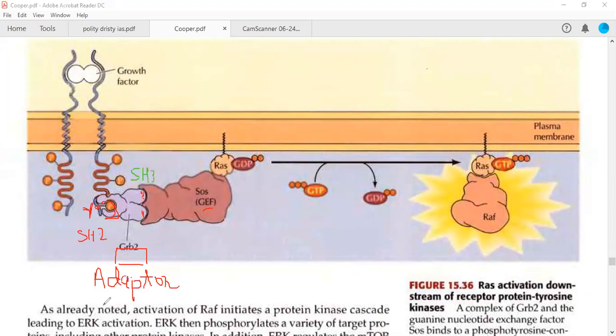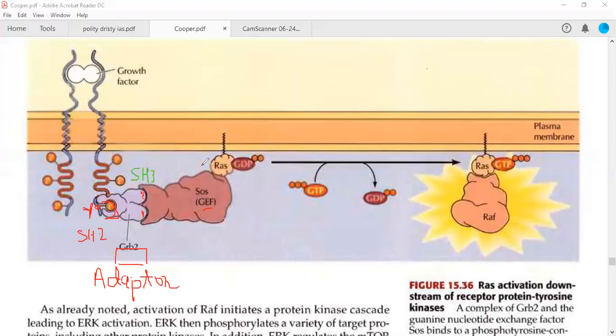Okay, so the GRB2 protein will act like an adapter because it has two SH3 domains and one SH2 domain. This SH2 domain will interact with phosphotyrosine, whereas these SH3 domains will interact with another protein called guanine nucleotide exchange factor, which will help this RAS protein, which is a member of the monomeric G proteins.